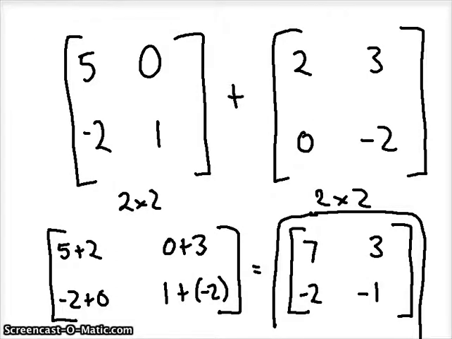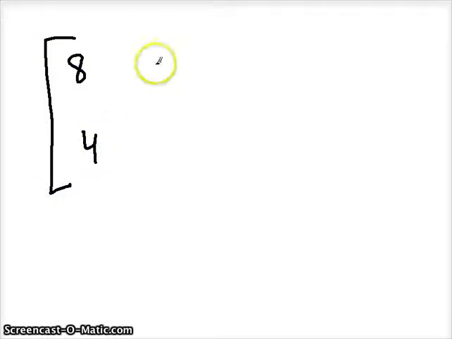So really you're just combining corresponding entries, and that's about all it is. The thing that might make it a little tricky though is when we get to subtraction, and let's just make a couple matrices here real quick.